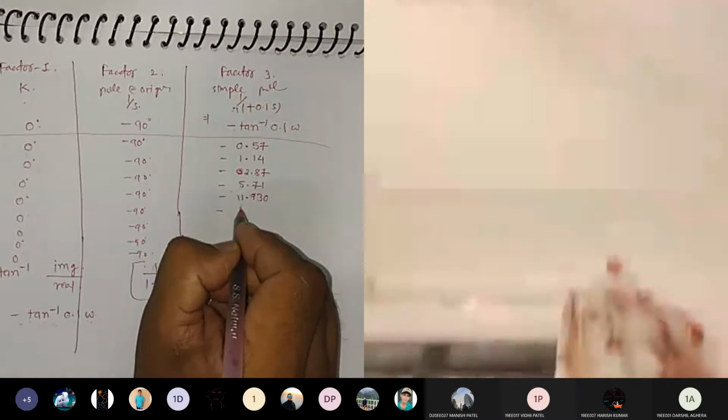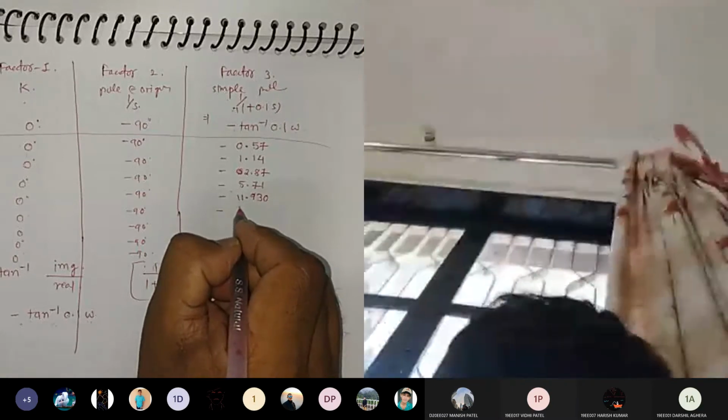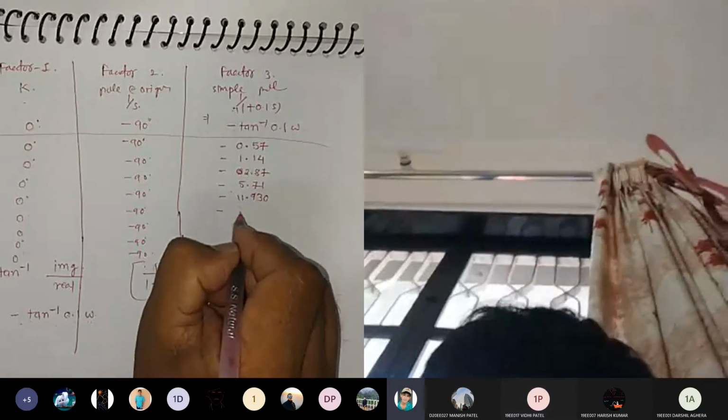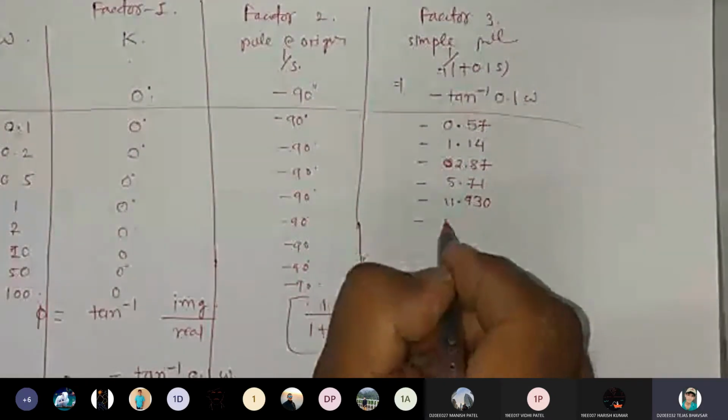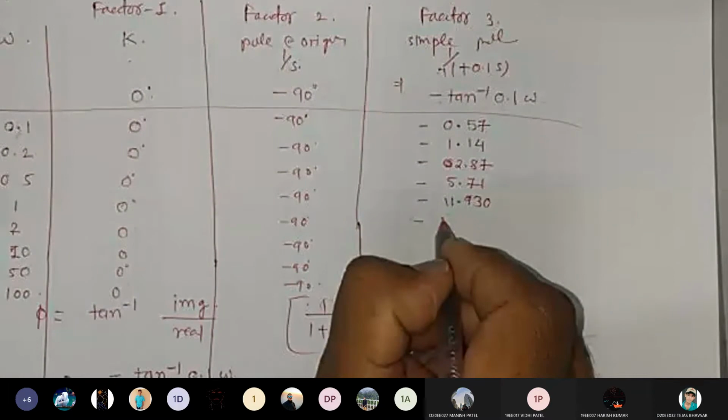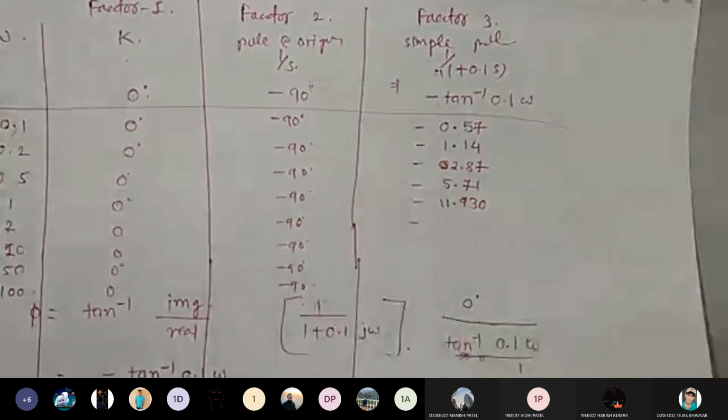Minus 45 doesn't come. Recheck. Minus tan inverse 0.1 into 10, that is minus tan inverse 1, minus 45.